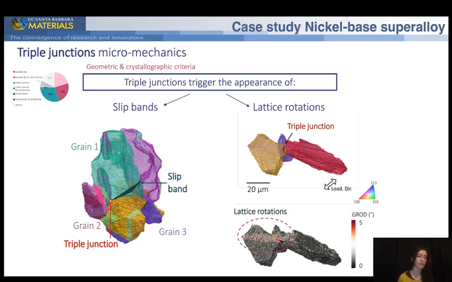But in the end, it is the behavior of individual dislocations, which is related to local stresses, that determines whether a slip band will form or not. Following this idea, we formulate the hypothesis that a slip band forms when one main system is active, which implies that all the dislocations glide onto the same crystallographic plane, and that lattice rotations are observed when several slip systems are simultaneously active.